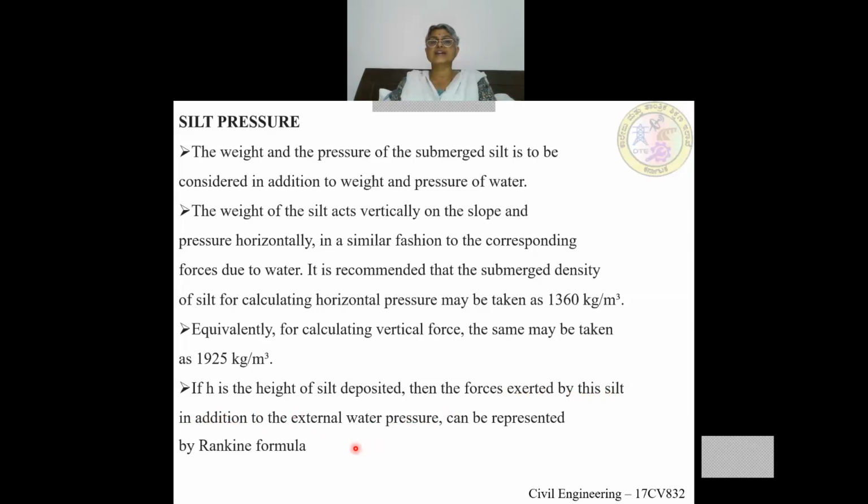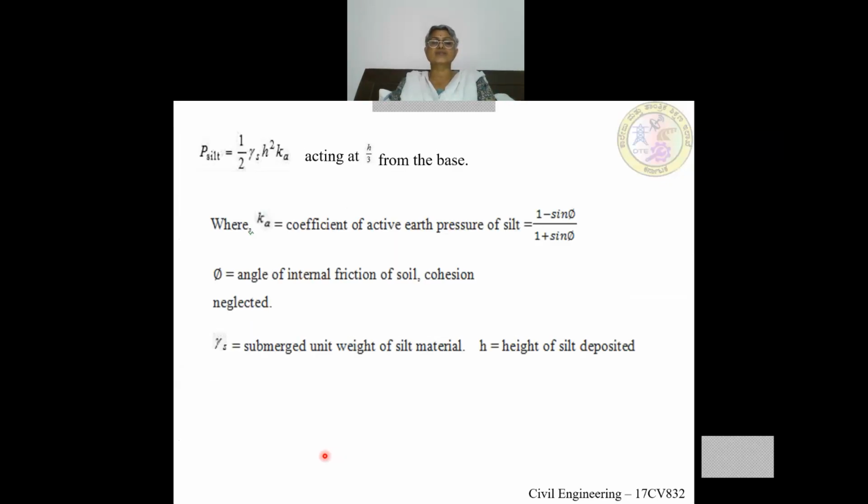Rankine's formula is also considered while designing the retaining wall, which you have already done in the previous semester. The pressure due to silt: the intensity of pressure at the bottom is gamma s into h, like water pressure, where we had taken gamma w into H, because capital H was the depth of the water in the reservoir.